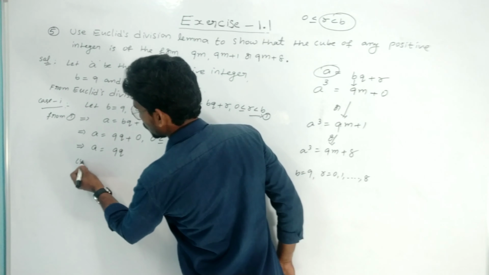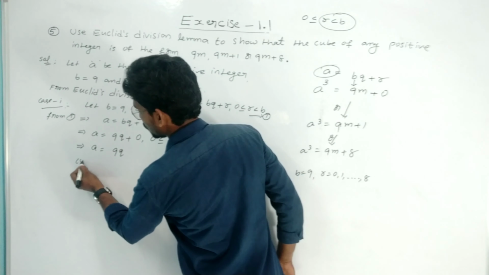So from equation number 1, a is equal to b q plus r, where 0 less than or equal to r less than b. That implies a is equal to 9 into q plus 1, where the condition is 0 less than or equal to r, that is 1, and b is 9.